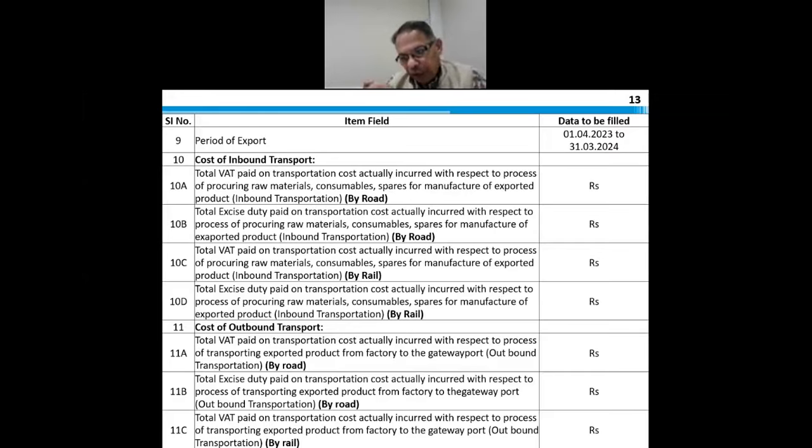How do you maintain? How do you look at it? You will have to create these details, analyze these details, and find out on the basis of the kilometer and the kilometer rate. That's the only option you can find answers to this.